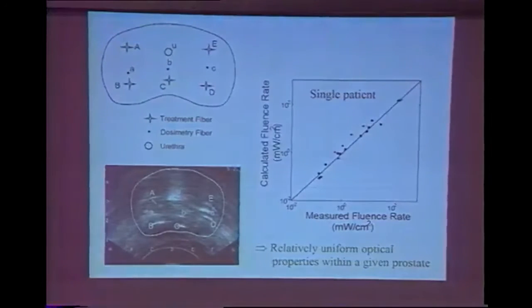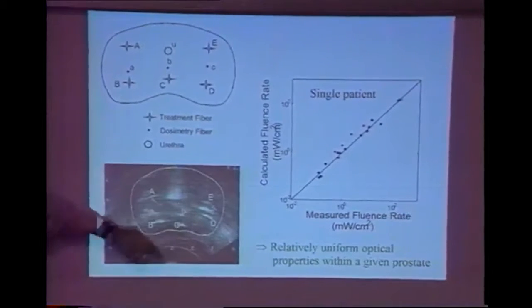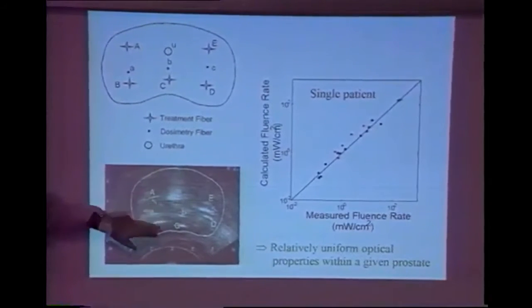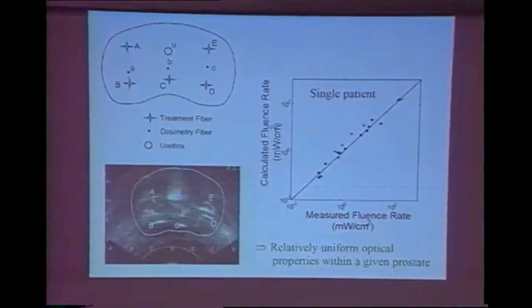As an example of what you can do with that sort of system, here is the ultrasound cross-sectional image showing the various fibers, the detector fibers and the light delivery fibers, as indicated here. So these stars are treatment fibers.